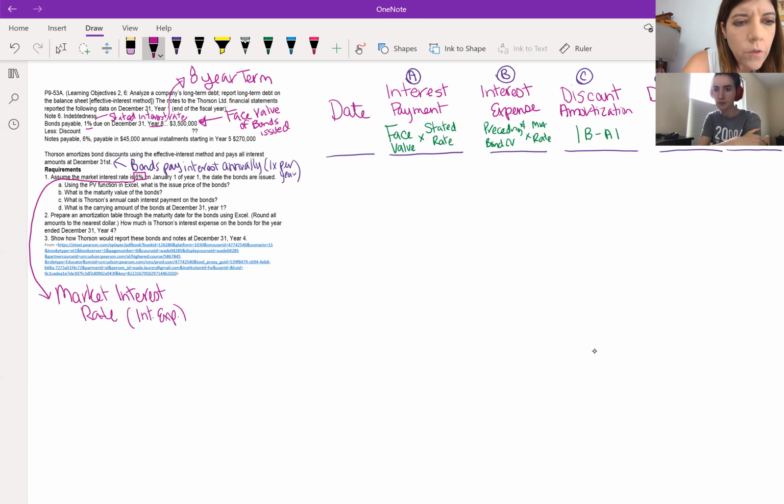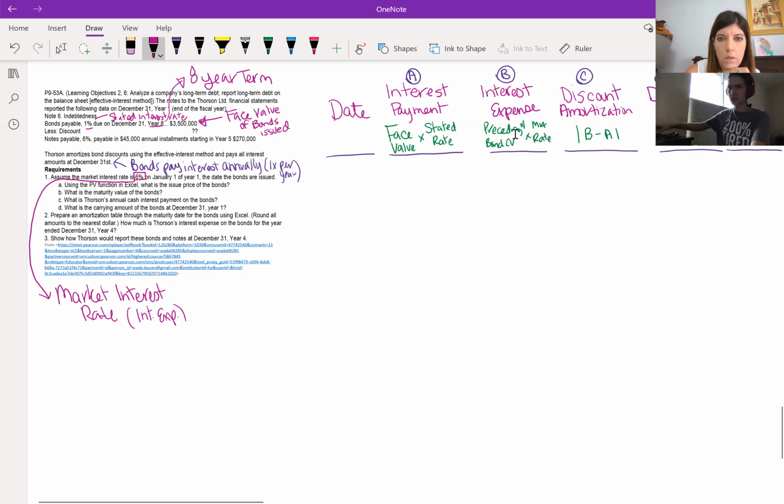Using the present value function in Excel, what is the issue price of the bonds? So we have enough information to calculate this. So we're going to go in Excel right now. Give me a second.